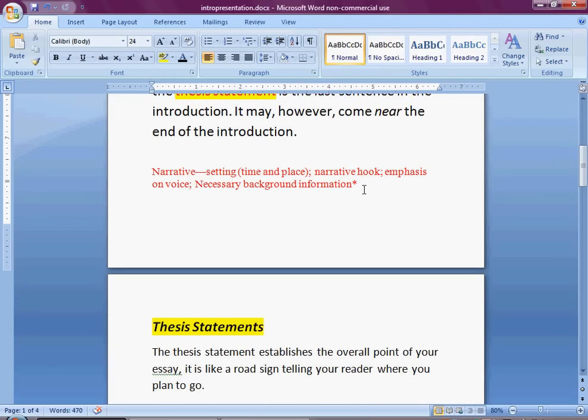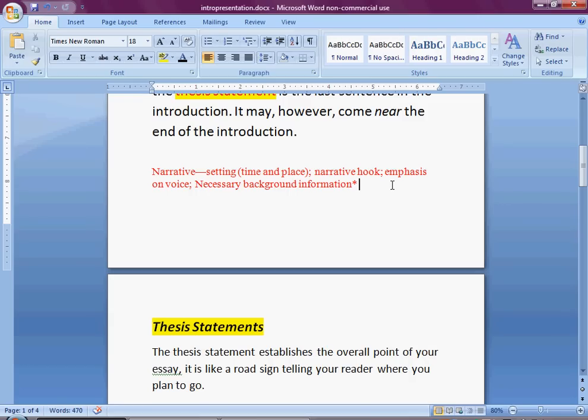So for the narrative, right here, your introduction will talk about the setting, the time, and the place. You'll think of an interesting hook to start it off with, an emphasis on your voice, how you talk, how you write. That's important. And then, of course, the background information. So again, your introduction should include the situation and the conflict within your introduction as well.